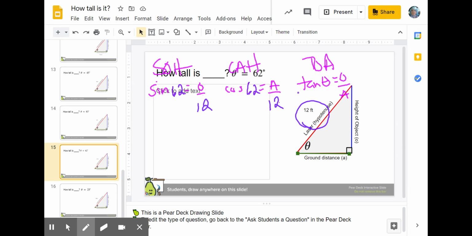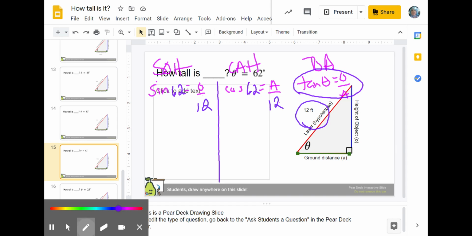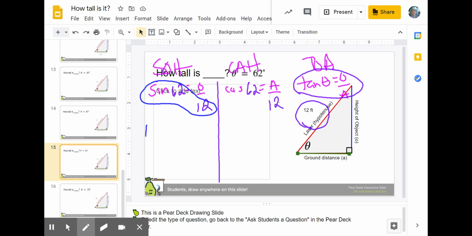I can't do tangent because I don't have any of that information, right? So I'm going to do these two things. Remember, you're going to cross multiply. So sine 62 times 12. In the calculator, 12 times sine 62.